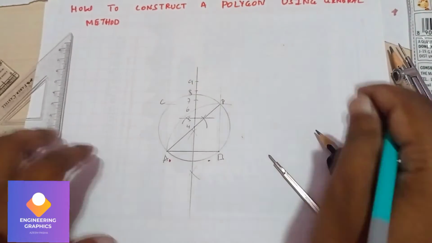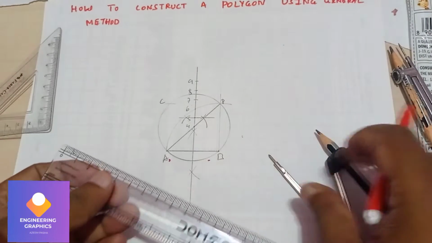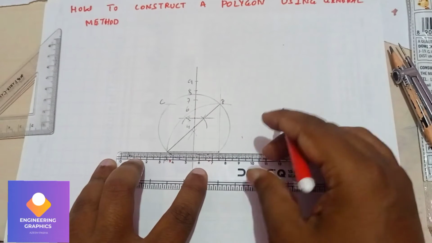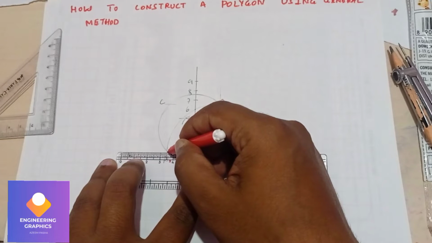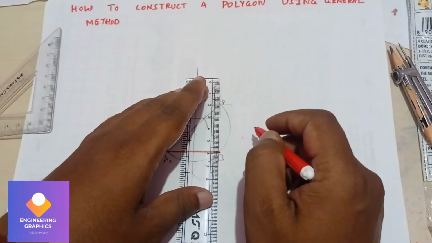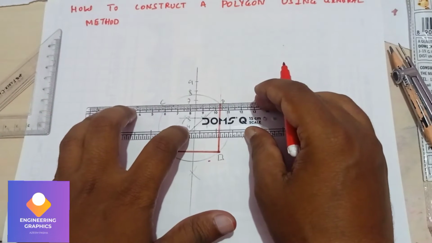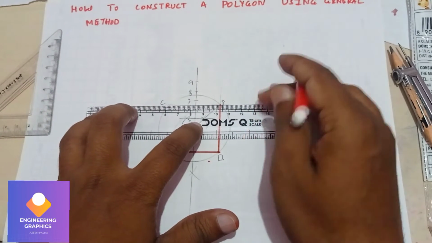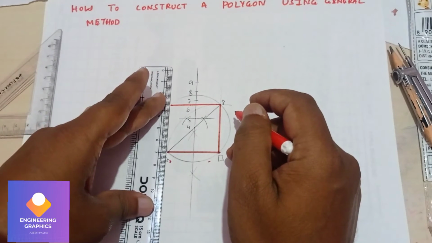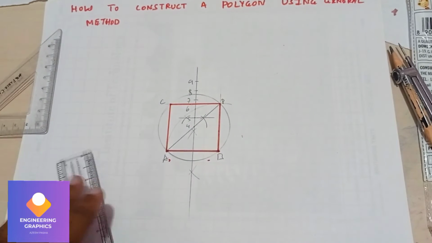This one you can give as C. You try to connect to make a square here. AB, B to C. Okay, the square is done.